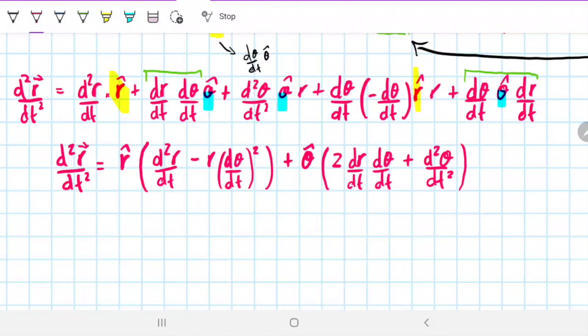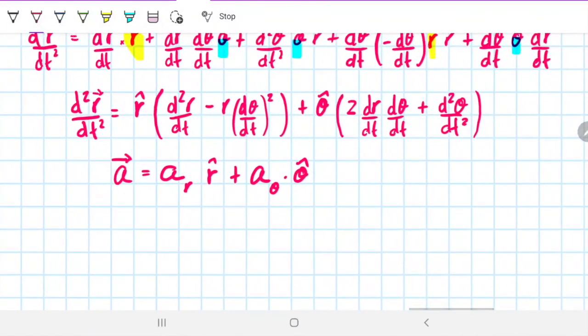Okay, and again, because this looks very complicated, what we do is we say, okay, the acceleration has 2 components. We have the radial component and the transverse component. So we could just say a_r for the radial component, a_r times my r hat plus my a_theta multiplying my theta hat. And then obviously a_r is this guy here, a_theta is this guy here.